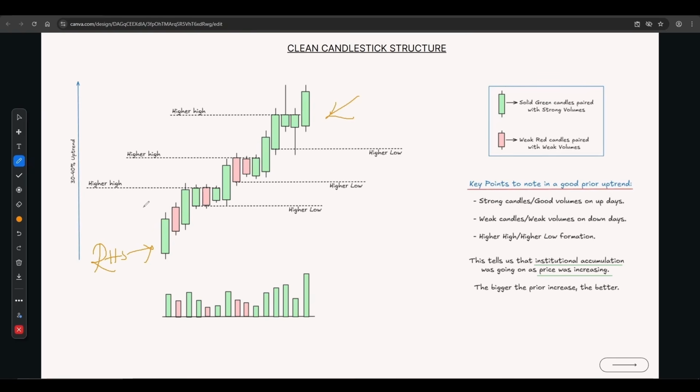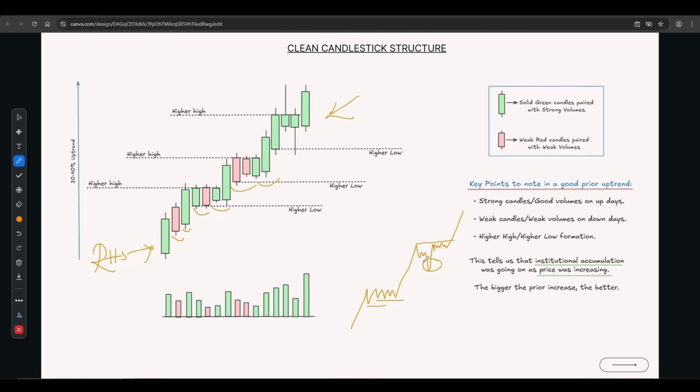Whenever we are analyzing the right hand side, the lows should always be protected. Even if the price, let's say, is moving up, protecting the lows, moves up, does something like this, it breaks the low, but it should immediately bounce back up and go upwards.